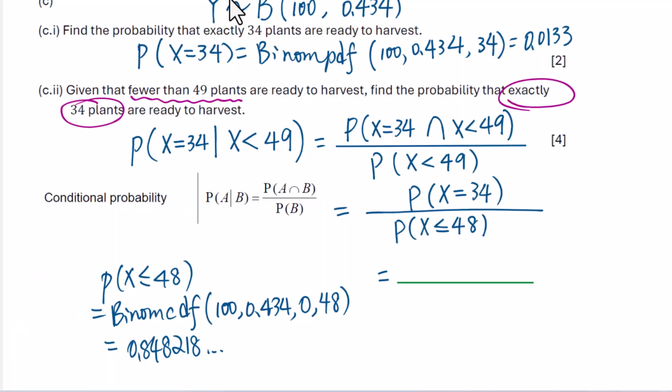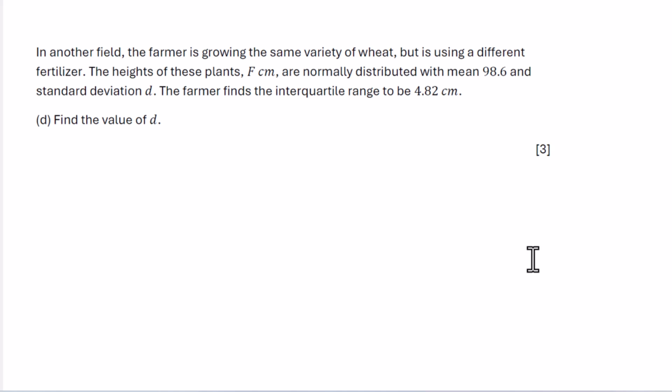So do the substitution: 0.0133 over 0.848218 equals 0.0157.